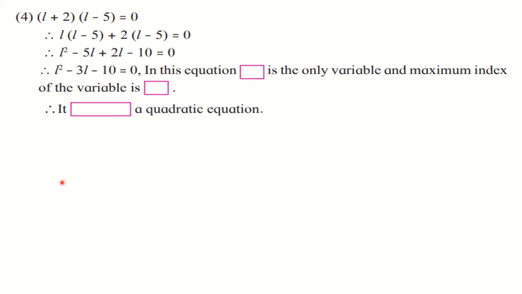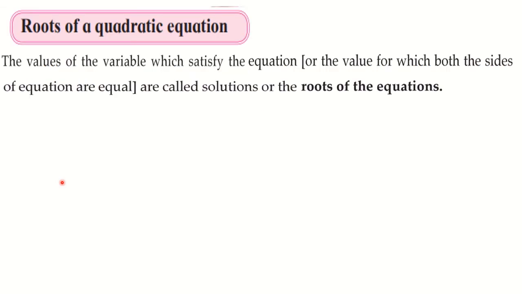If 2 is not present as an index, if more than 2 is present or less than 2 is present, then you can say that it is not a quadratic equation. Okay, so this way you are going to justify it. I hope you must have understood the meaning of the standard form of the quadratic equation. Now let us go further. Here in the second topic, that is roots of a quadratic equation.